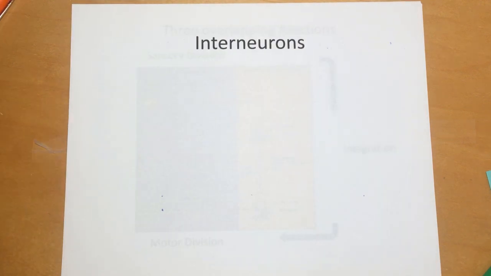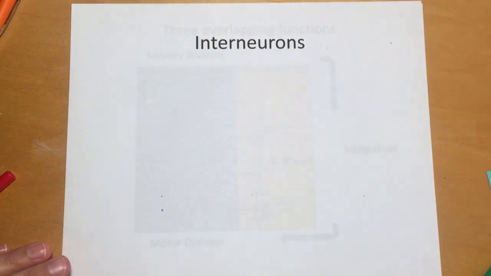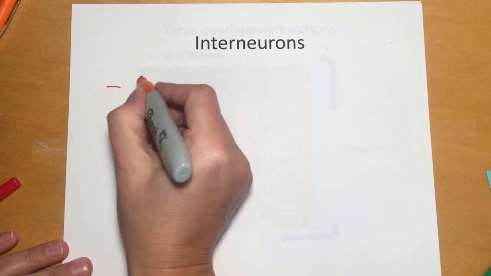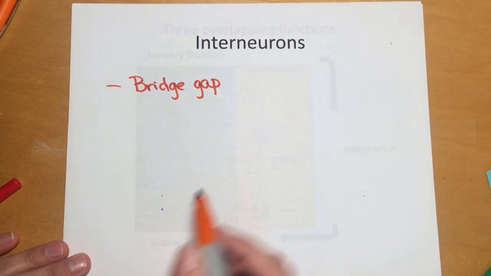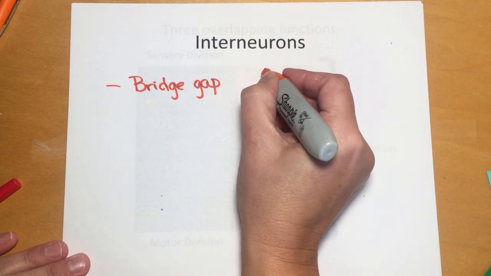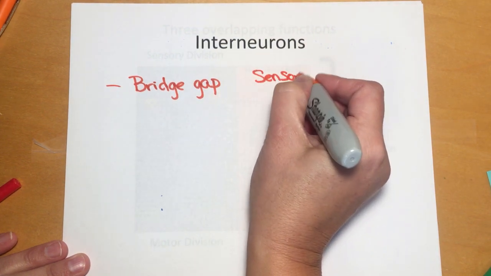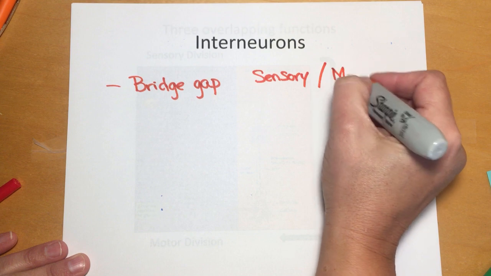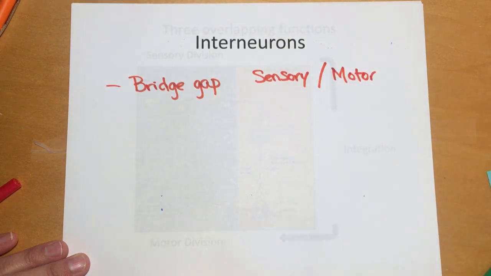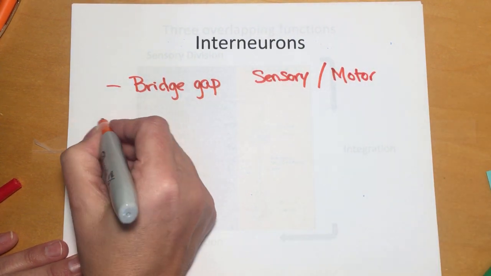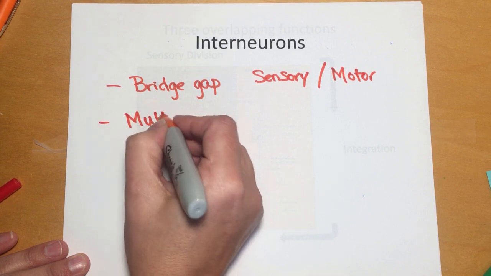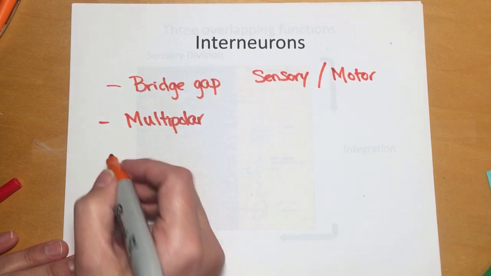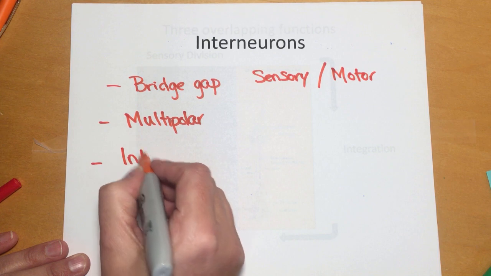So let's write down a couple things we know about interneurons. So first of all, interneurons are going to bridge the gap between sensory and motor. We also know that these are going to be multipolar neurons. They're going to do something called integration.